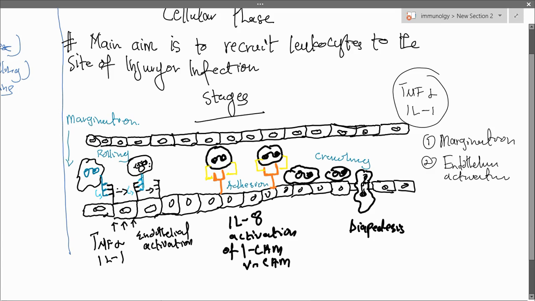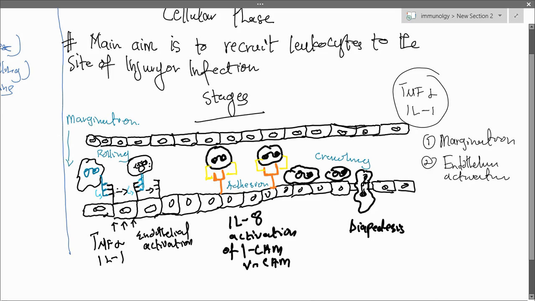The endothelium activation leads to a change in the conformation of the endothelium, and this change in the endothelium conformation leads to the release of proteins or structures we call ICAM and then structures we call P-selectin and E-selectin. So P-selectin and E-selectin are proteins that are popped up or released on the surface of the endothelium during endothelium activation.